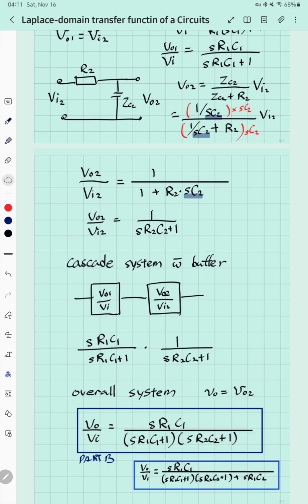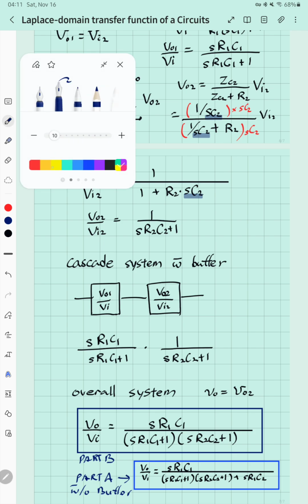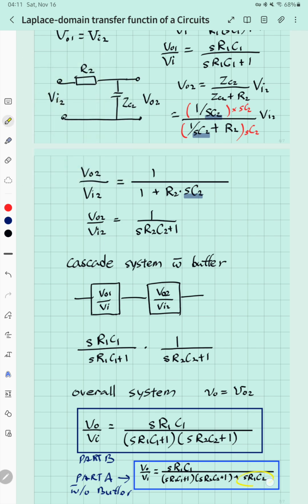This one was from part A without buffer. So without buffer, you see there's this term. It's almost the same, but different.